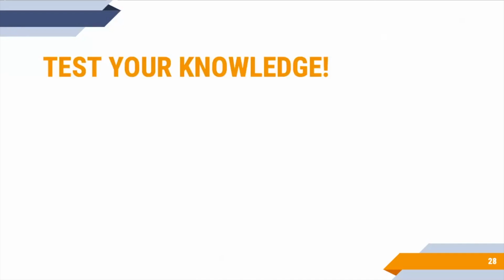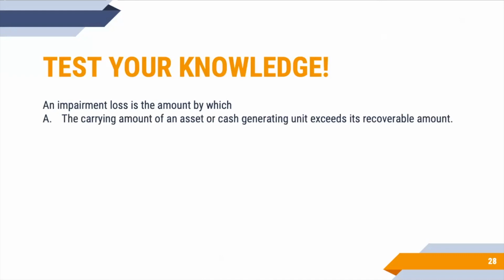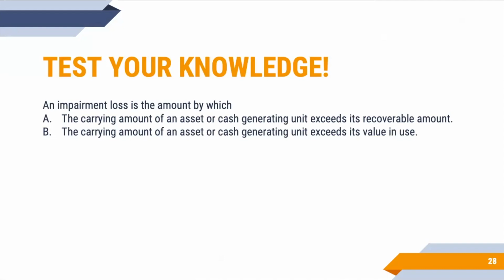Now it's your time to test your knowledge. This is our first question on theory. An impairment loss is the amount by which A, the carrying amount of an asset or cash generating unit exceeds its recoverable amount. B, the carrying amount of an asset or cash generating unit exceeds its value in use.